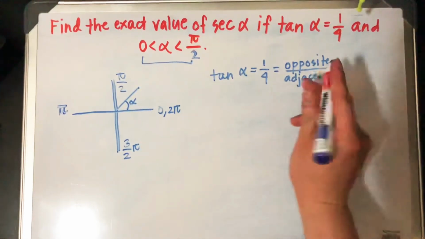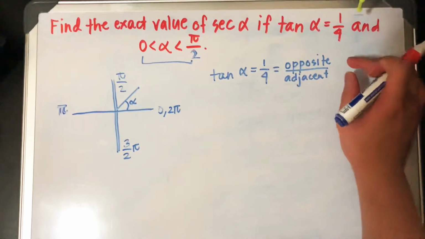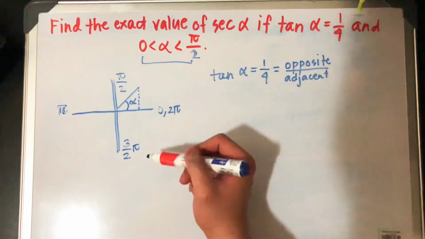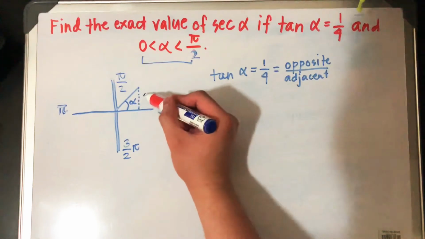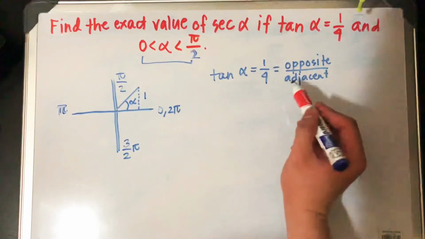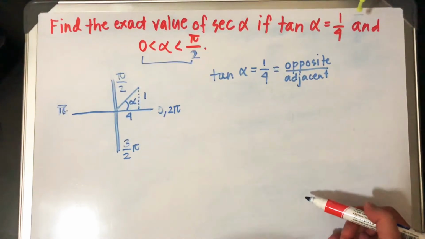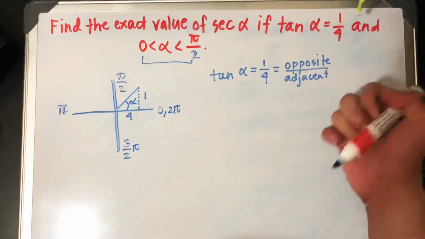So, this one is the opposite side, so we have here 1, and the adjacent side here is 4. Okay? That's the first one.